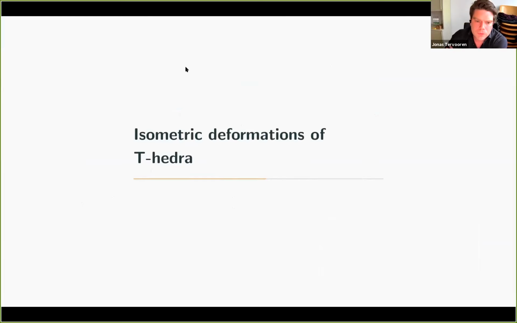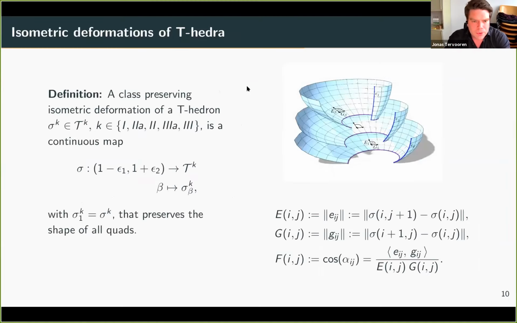Now we can come to the isometric deformation of the T-hedra that preserves the class. And what is meant by that? We consider a continuous map from some interval into the set of T-hedra of a fixed class. So if we start with sigma k in Tk, we always obtain a T-hedron of the same kind.